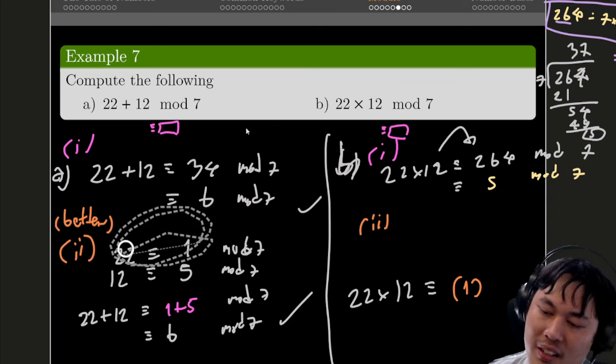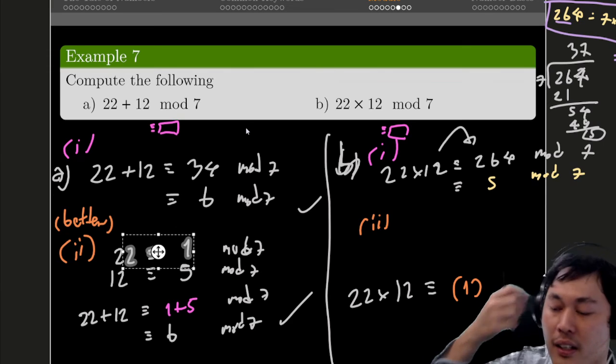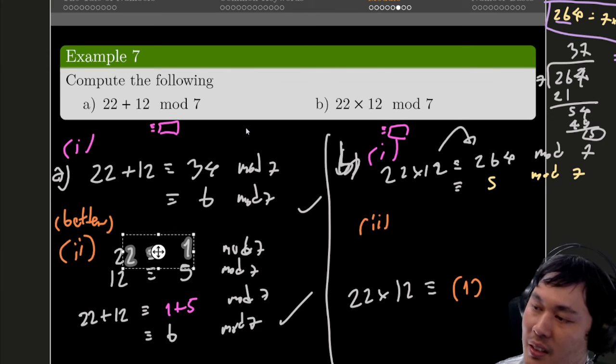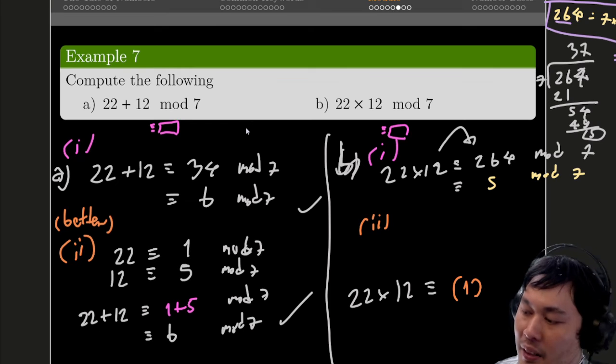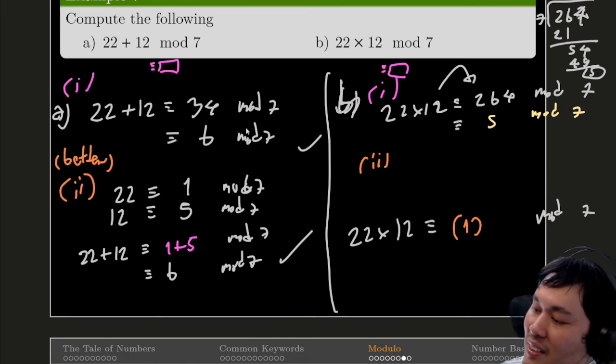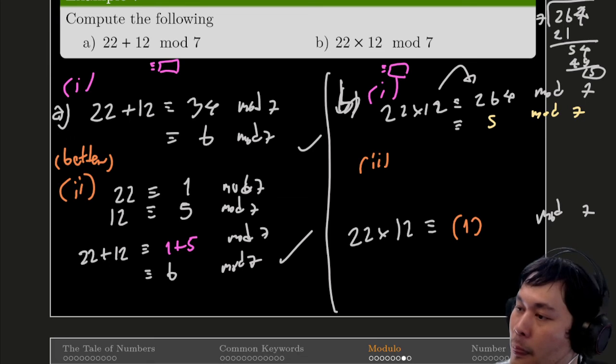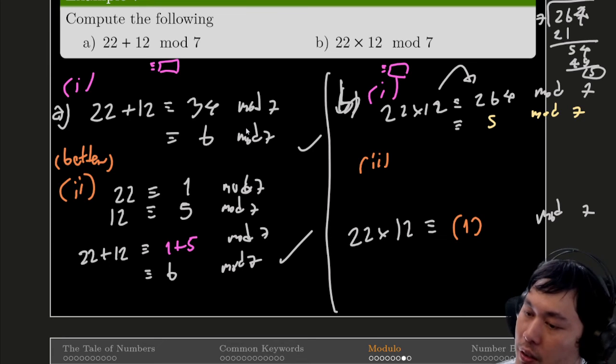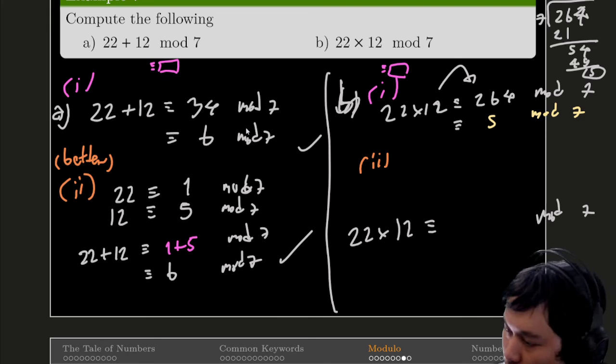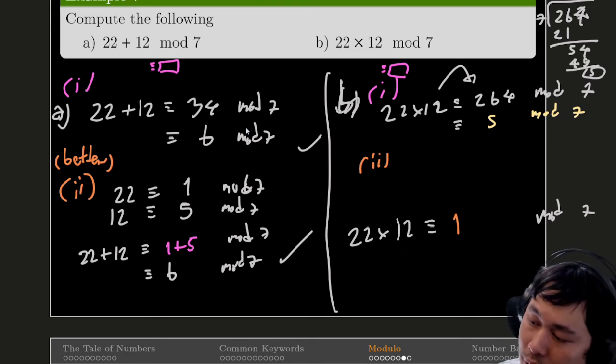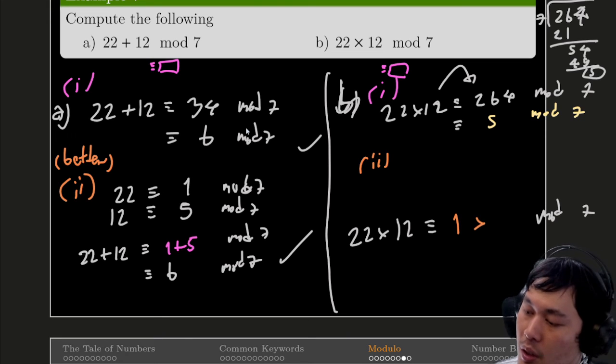Because here 22 and 1 are the same for mod 7. Only for mod 7, not for anywhere. And what about 12? 12 is the same as 5. Oh, sorry. 22 is congruent to 1, and 12 is congruent to 5.